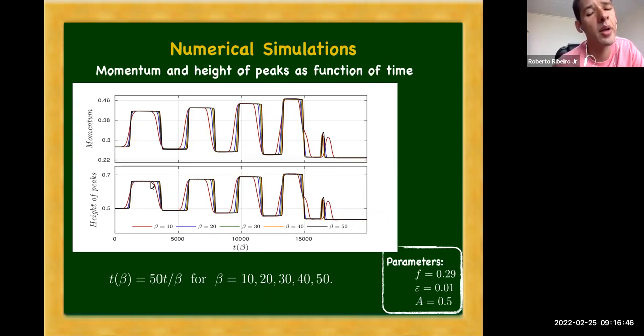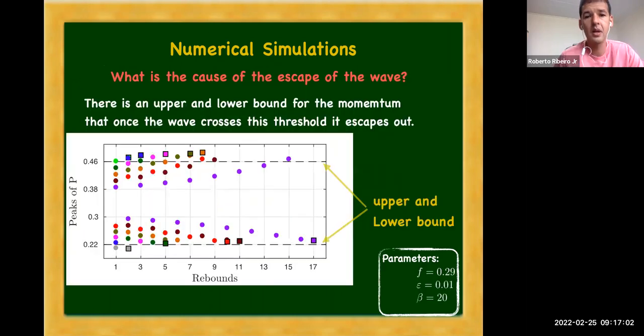Then when the wave reached the bump again, it lost amplitude, and its amplitude keeps oscillating and increasing until the wave escapes out. So we see that a given wave eventually escapes out.